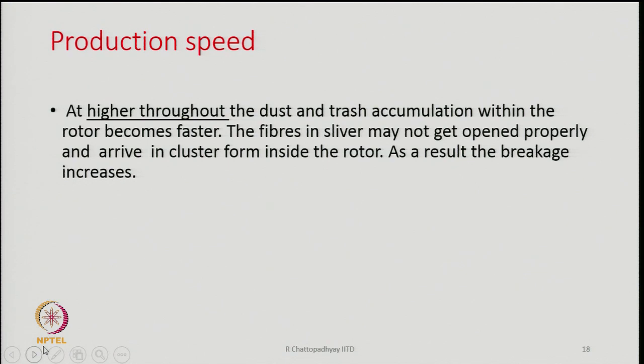Similarly, if I want to produce a very thick, very coarse count yarn, I will be feeding more fibers, because the draft will be less, and a lot of dust also will be fed simultaneously.